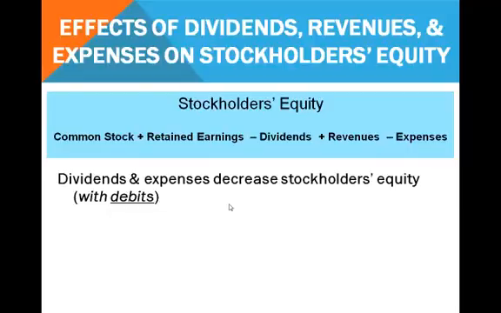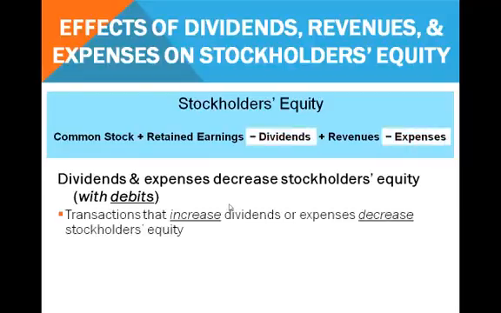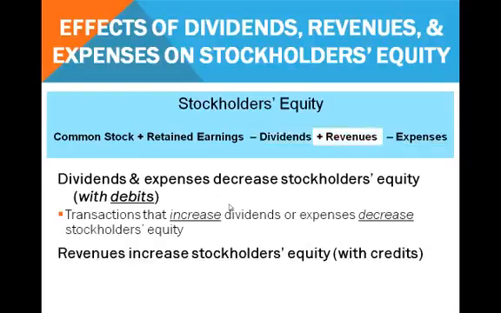That's on the credit side. But if we're going to decrease them, we're going to do the opposite. So dividends and expenses are going to decrease stockholders' equity with debits. These are transactions that increase dividends or expenses, but they decrease, by their very nature, stockholders' equity, because that's what dividends and expenses do. Revenues increase stockholders' equity with credits.